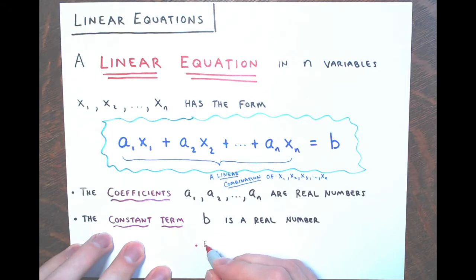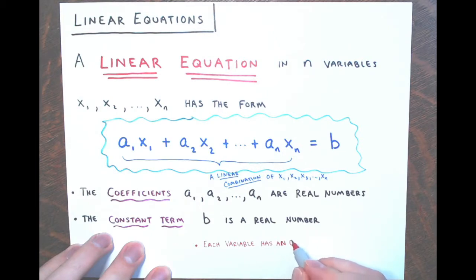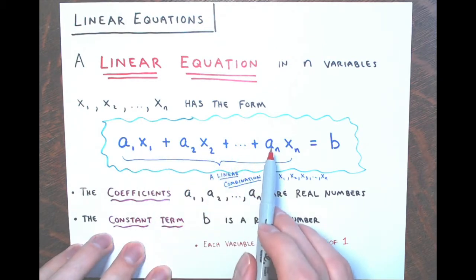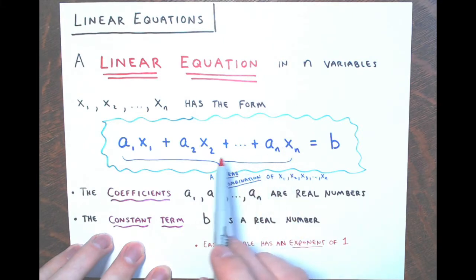Each variable has an exponent or a power of 1. Another way you could say that is every single term with a variable has a degree of 1, just a variable to the first power in it.